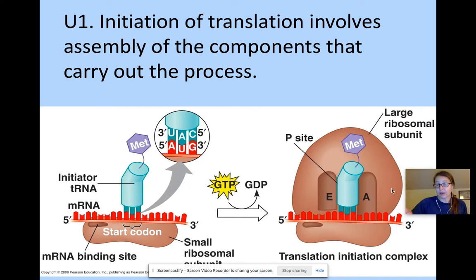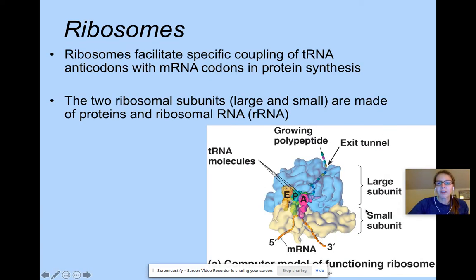Okay, so now translation can start, but we're going to look in a little bit more detail at the ribosome. This is just another three-dimensional graphic of a ribosome. Here's the large and small subunit, and you can see that there are these three sites, these three areas in the ribosome where the tRNA molecules will attach on this large subunit.